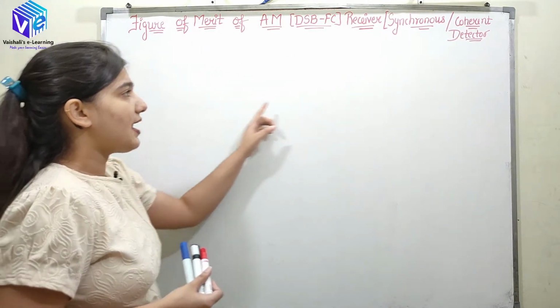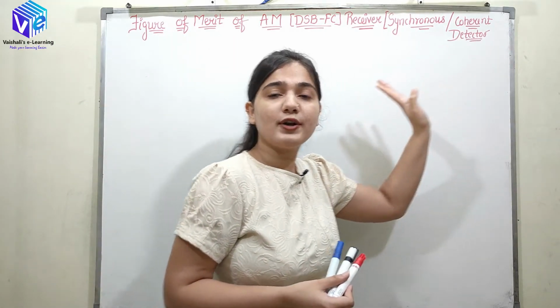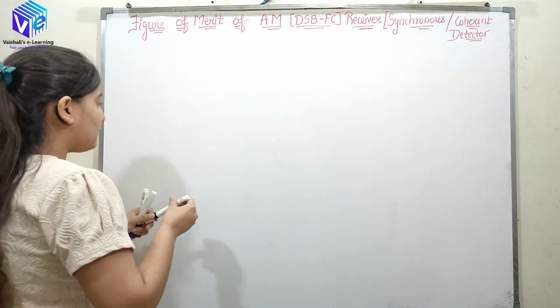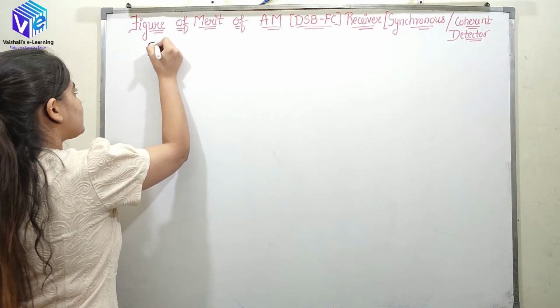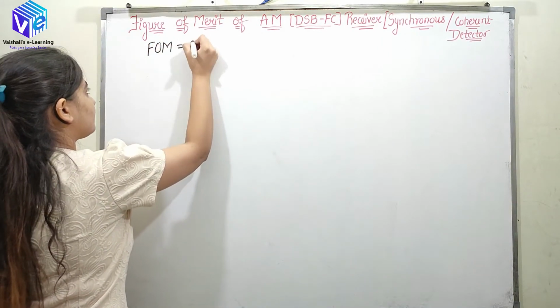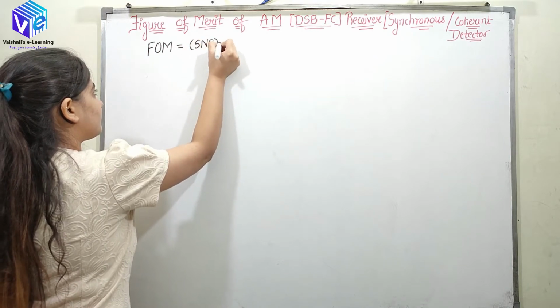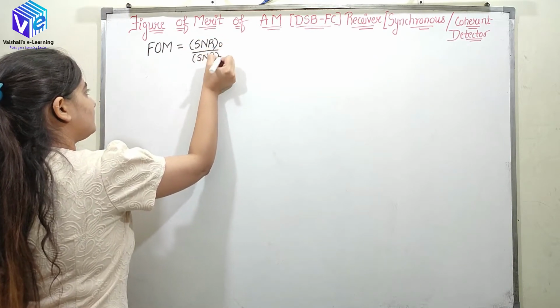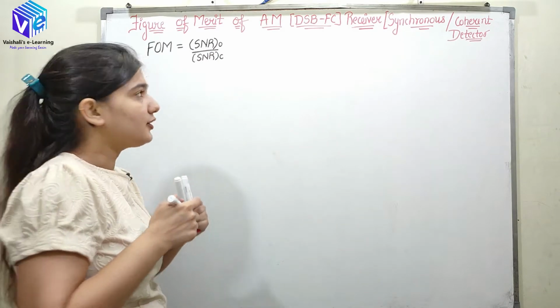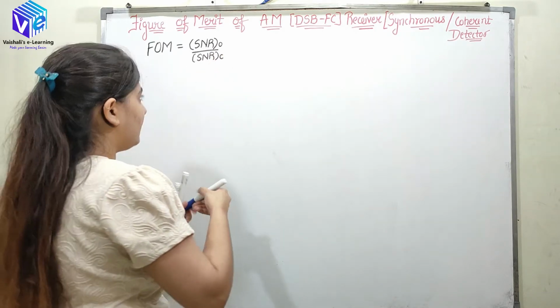So here we have the synchronous or coherent detector, and I know the figure of merit is given by the SNR of the output upon the SNR of the channel.